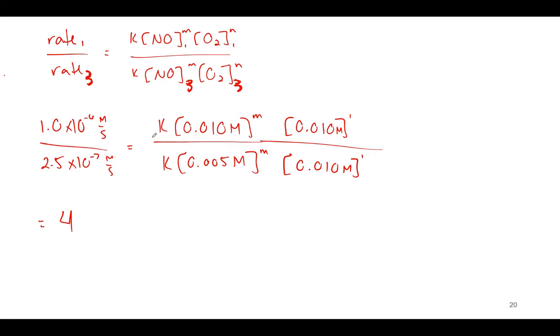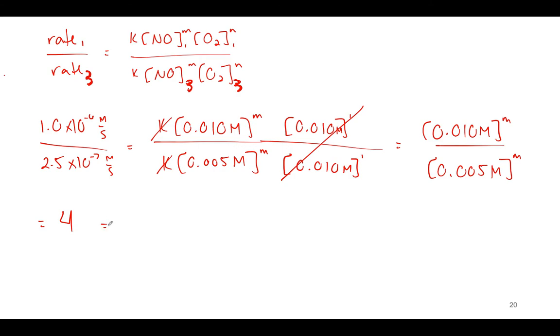Well, what do you know? Our rate constant, which is a constant, is going to cancel out. And here we can explicitly see that the concentration of our oxygen is going to cancel out, leaving us only with the proportion of the concentrations of our nitrogen monoxide, the 0.010 molar, raised to the M, all divided by the 0.005 molar raised to the M.